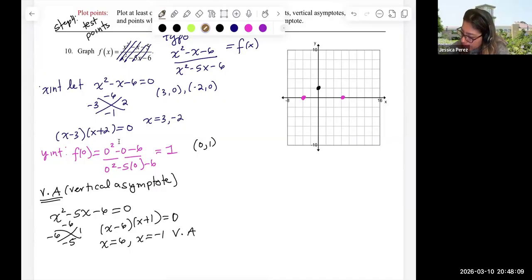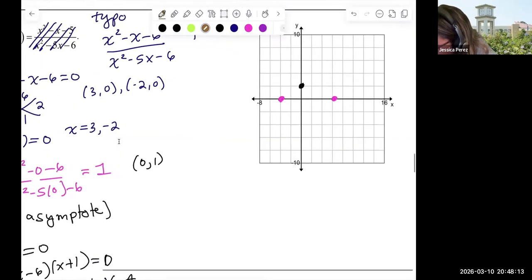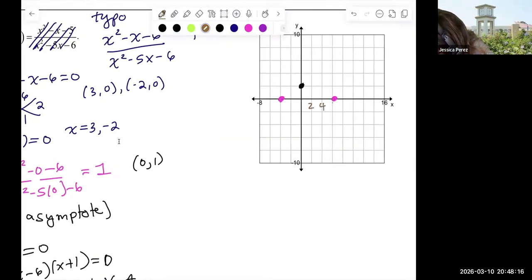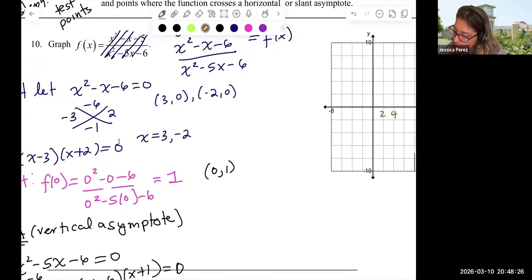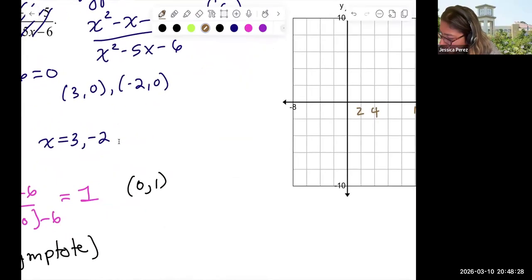So if there's a vertical asymptote at x equals 6, I'm going to go in, so this is going to be 2, 4, 6, 8, 10, 12, 14, and 16. So let me fix this. So we said 3 and negative 2.